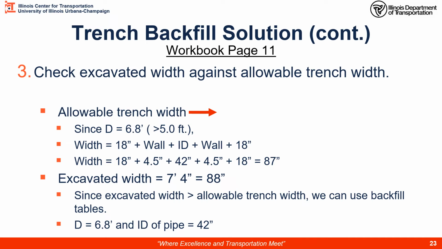That ends up being 87 inches once we plug all those in: 18, wall thickness of 4.5, 42, 4.5, 18, 87. The contractor ended up excavating 88 inches, just a little bit wider than what we need to use the table, which is fine. And then we will use the table with a D of 6.8 and the inside diameter pipe of 42 inches.